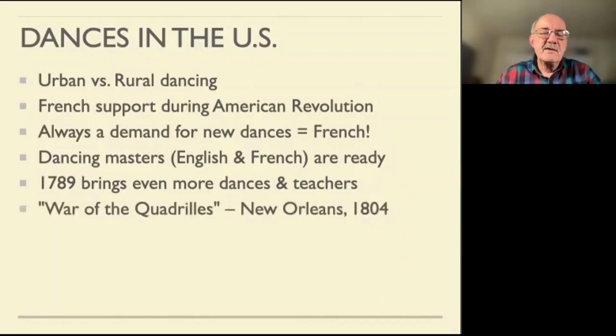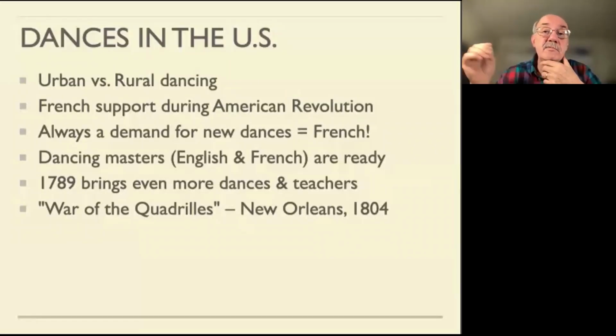Here in America, I love to talk about the War of the Quadrilles in New Orleans, when that port city changed from French hands to American hands. There were fights in the ballrooms. The locals were used to doing French style dances, four-couple sets, and suddenly here were the Americans wanting to do English style longways dances, and there were fights.